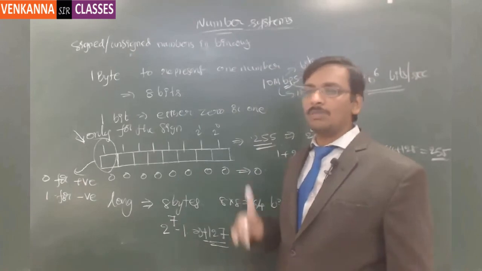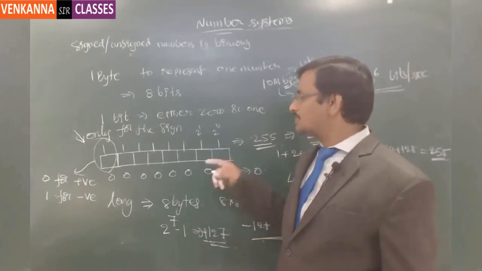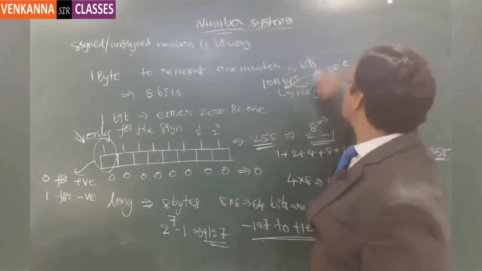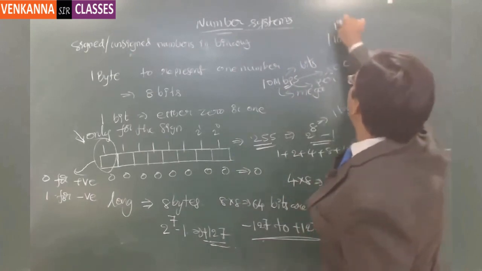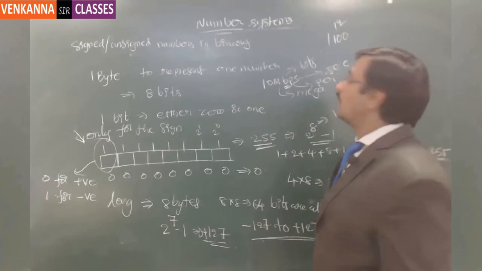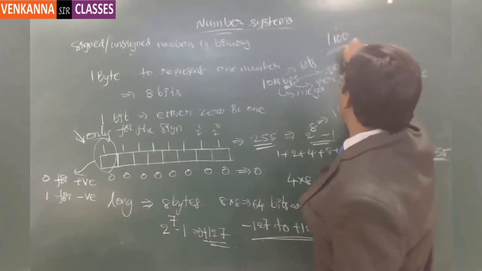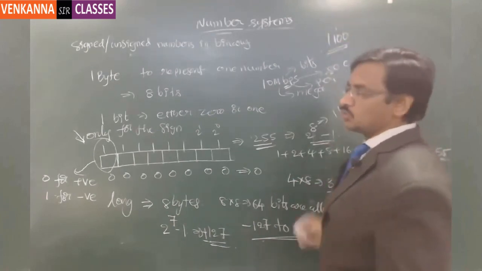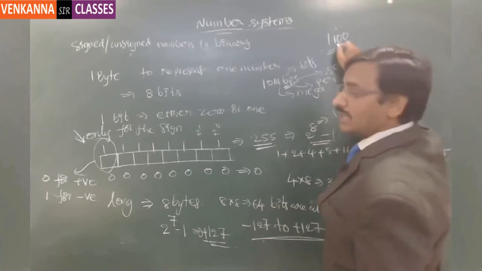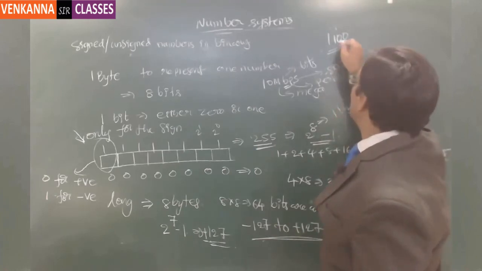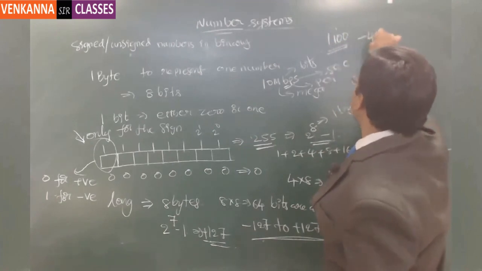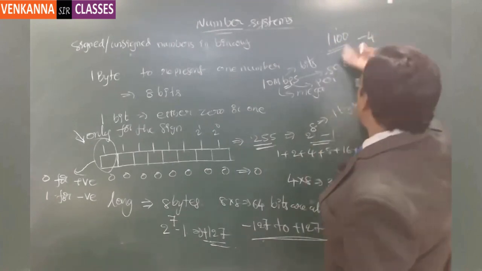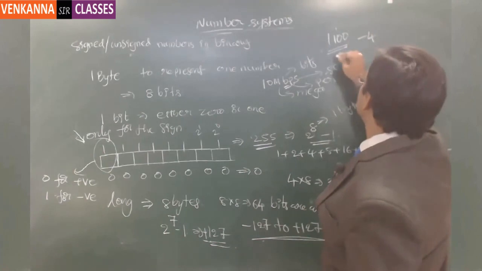1's complement means the opposite. Suppose 1100, which is the decimal number 12. If I represent with 4 bits, then the maximum I can store is 100, keeping this as the sign. That means this can be represented as -4.